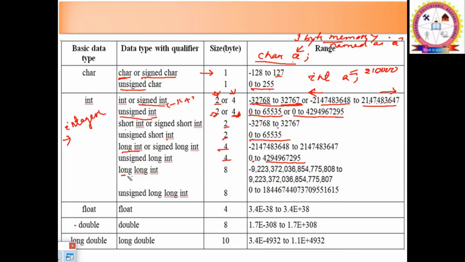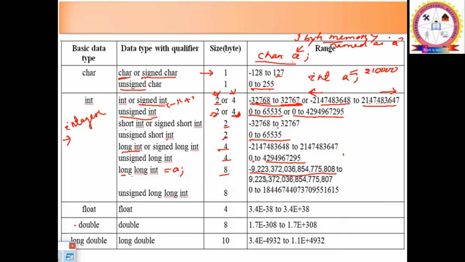If you define a variable as long long int, suppose long long int a, so a is a variable of long long int, then it will occupy 8 bytes from the memory and it is signed, so its range will be, you can see, a very large number you can store.